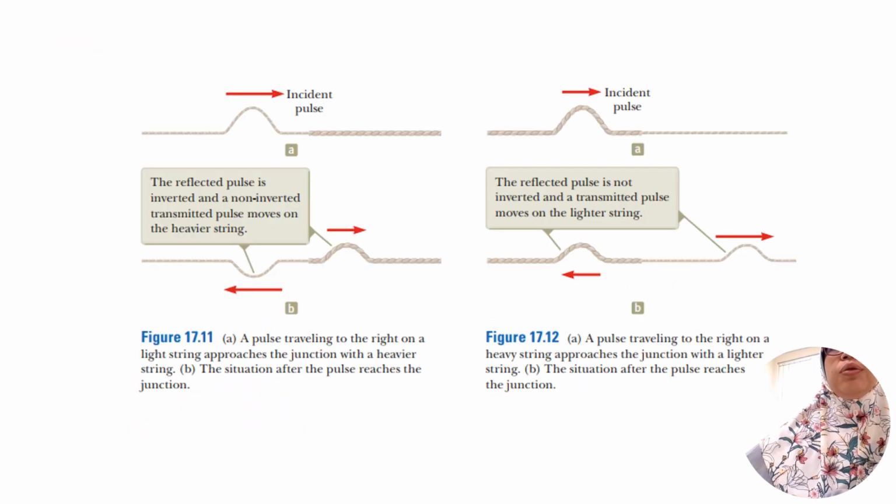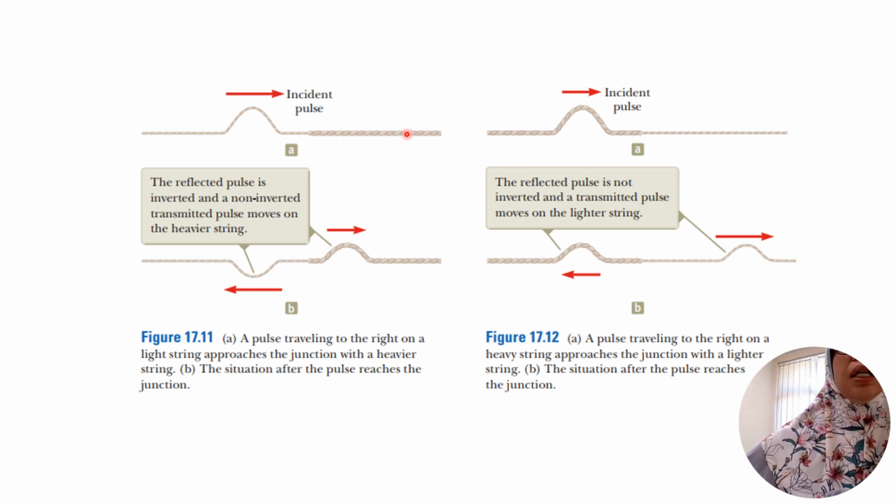Here we have two figures that try to show how a wave travels and has the ability to be partially reflected and partially transmitted. Have a look. We have a pulse traveling on a thin string, but afterwards it encounters a higher density string.